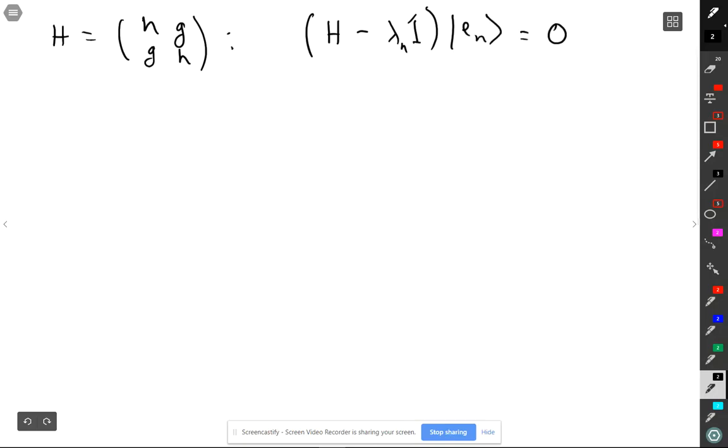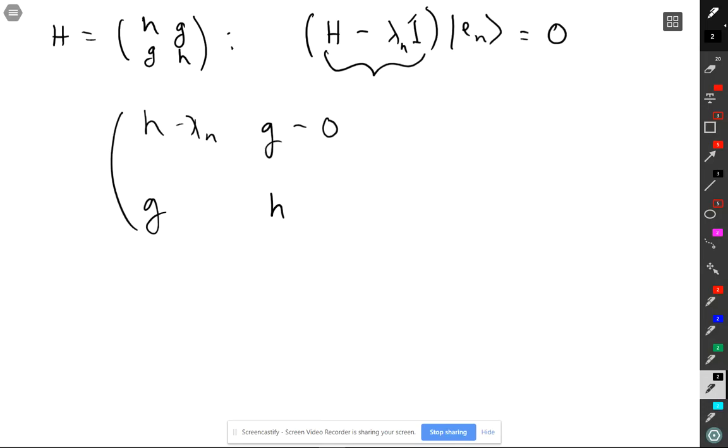Now, how do we make that true is the question. We make that true by writing out this matrix first. Notice I expanded H for what I'm doing. Then we have minus lambda sub n times the unit matrix. So that means I'm going to have minus lambda sub n here, minus 0 here, because the unit matrix is only 1 on the trace elements, 0 everywhere else.